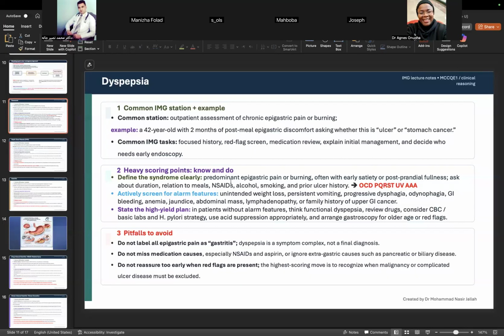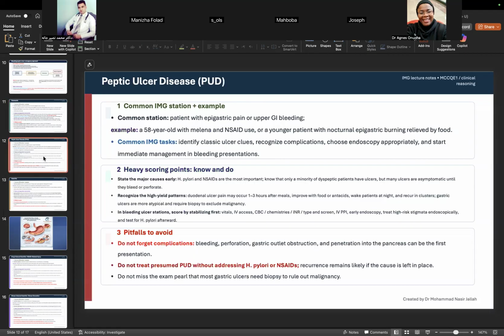Do not miss medication causes, especially non-steroid and aspirin, or ignore extra gastric causes such as pancreatic or biliary disease. Okay. Do not reassure too early when the red flags are present. So it means you need to take it easy and go ahead slowly.